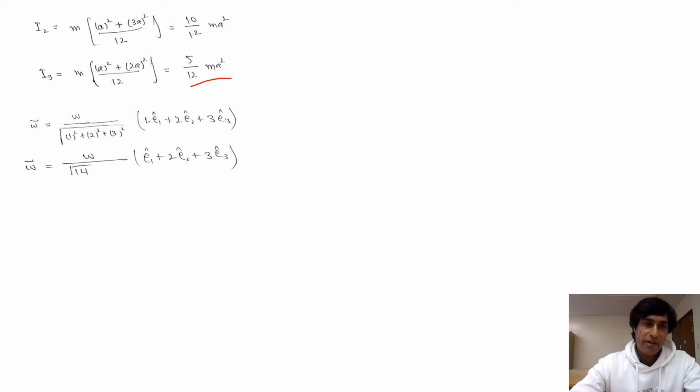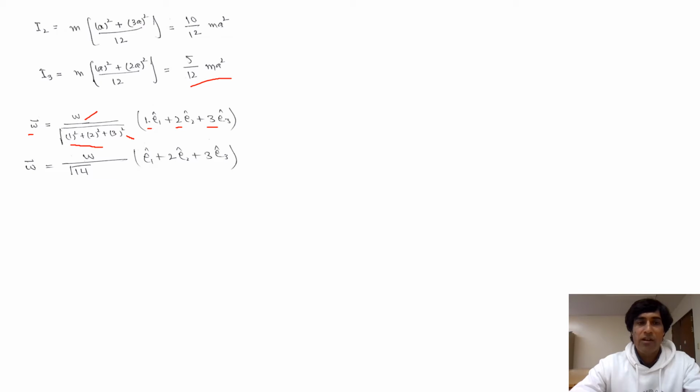For the omega vector, we use a very basic formula: the vector omega divided by the magnitude of omega. You know how to calculate the magnitude. We take the square of the coefficient of each term, like here we took the square of 1, the square of 2, the square of 3, in the denominator.